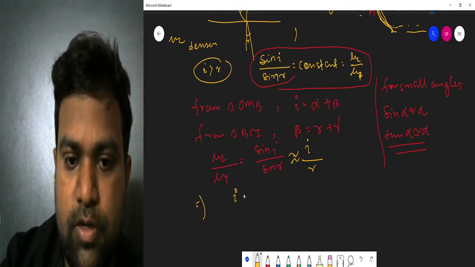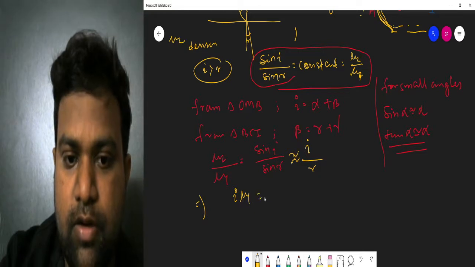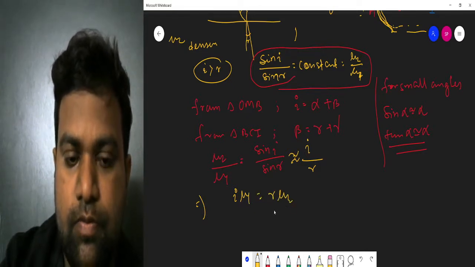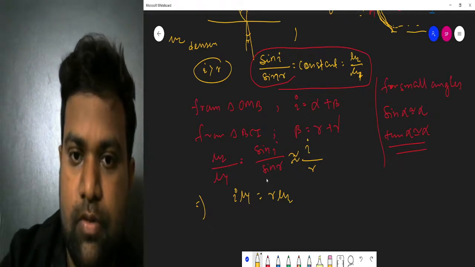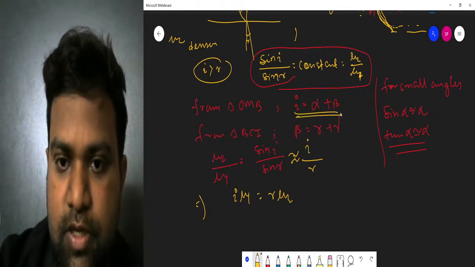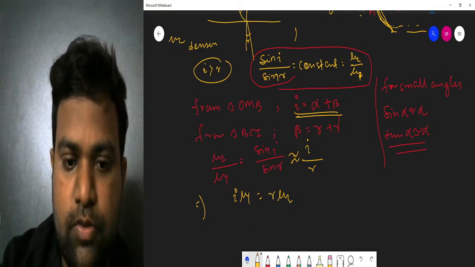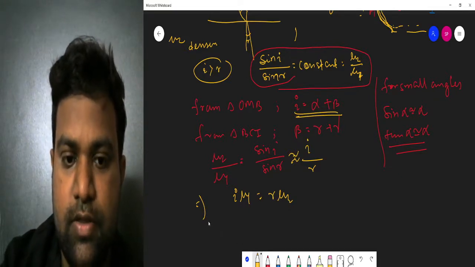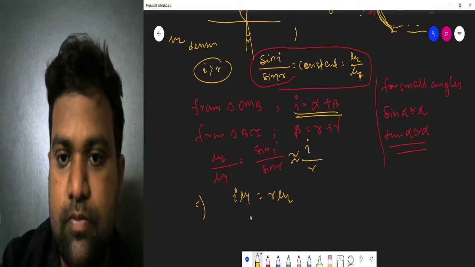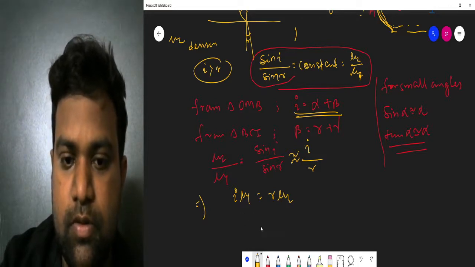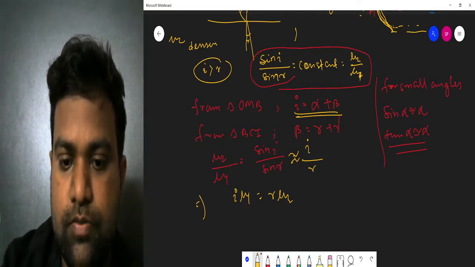This is cross multiplication, I mu1 equal to R mu2. Now from here, this expression, you can use it.